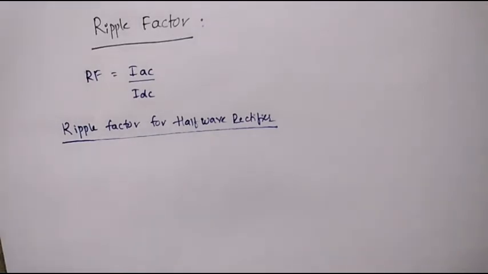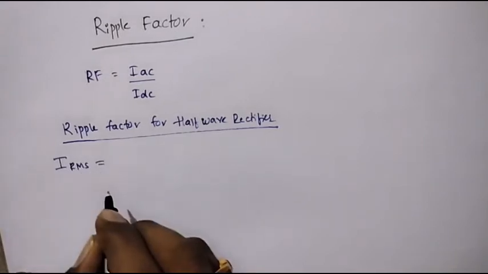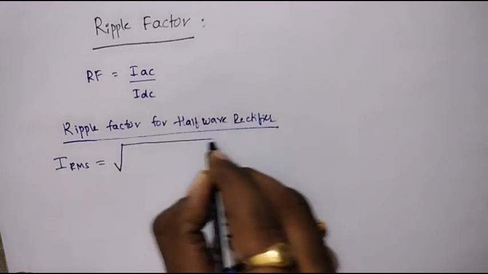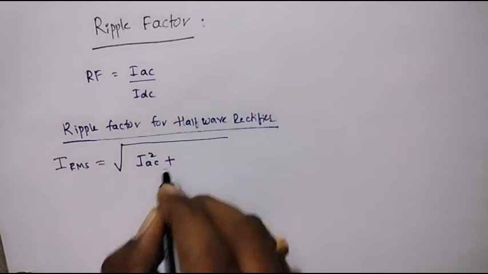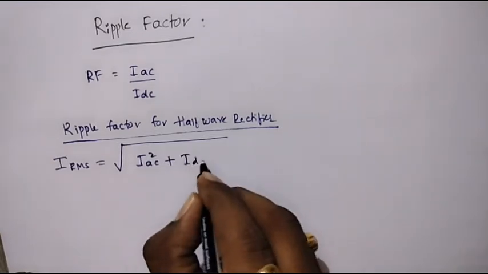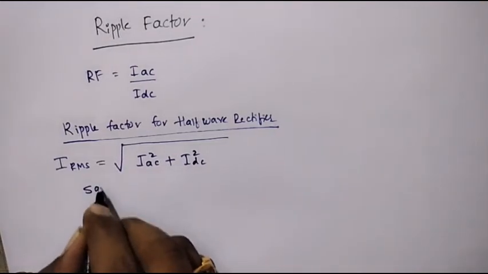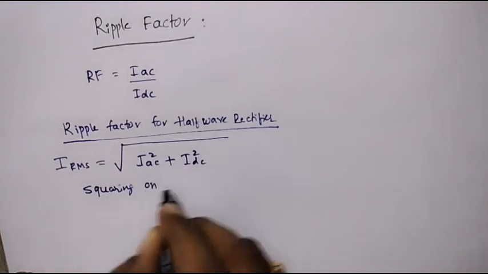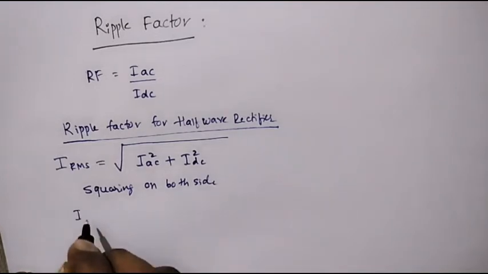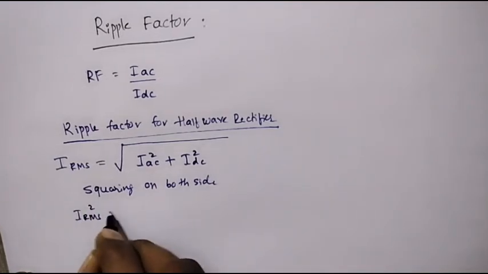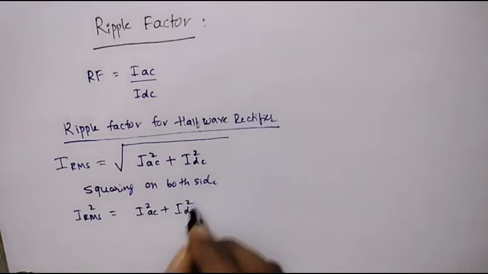Effective value or RMS value of total load current IRMS is equal to square root of IAC square plus IDC square. Squaring on both sides, IRMS square is equal to IAC square plus IDC square.